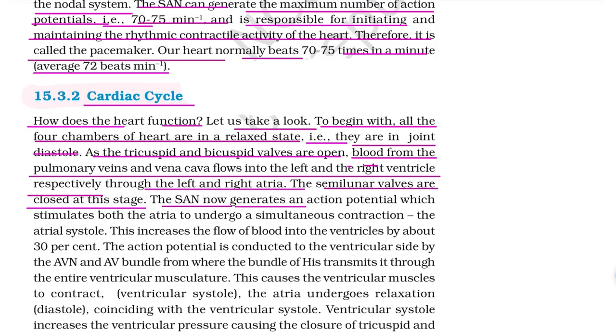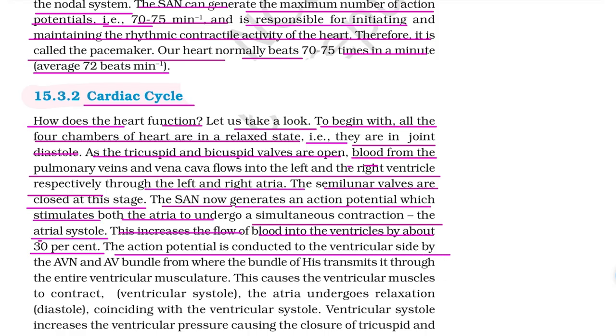The SAN now generates an action potential which stimulates both the atria to undergo a simultaneous contraction, the atrial systole. This increases the flow of blood into the ventricles by about 30%. The action potential is conducted to the ventricular side by the AVN and AV bundle, from where the bundle branches and Purkinje fibers transmit it to the entire ventricular musculature.